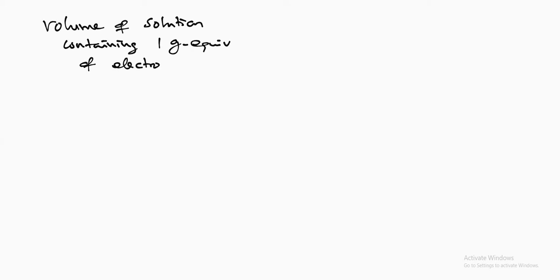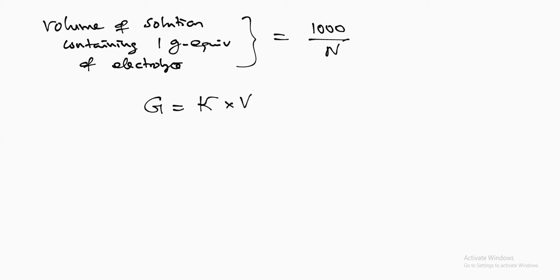Volume of solution containing 1 gram equivalent of electrolyte is nothing but 1000 by N. Now you know very well, total conductance G is nothing but kappa into V, correct?